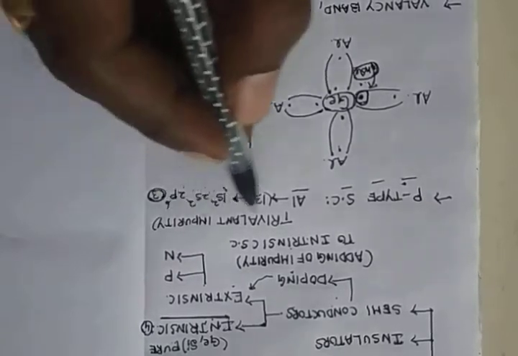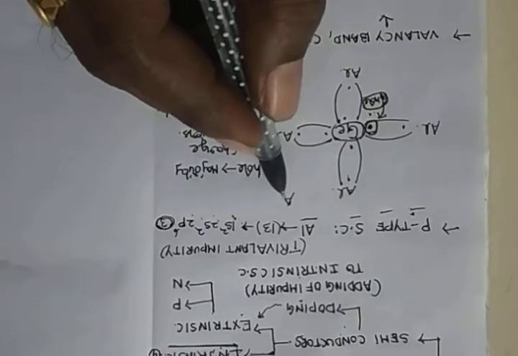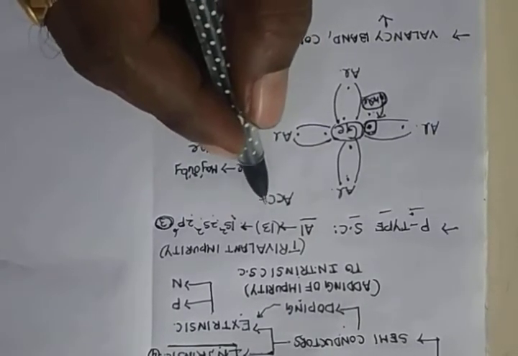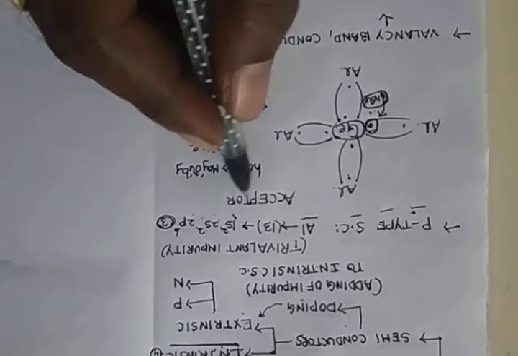Trivalent impurity. So this impurity is also called an acceptor impurity.